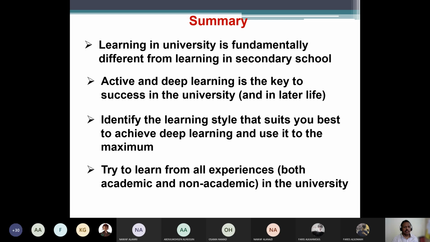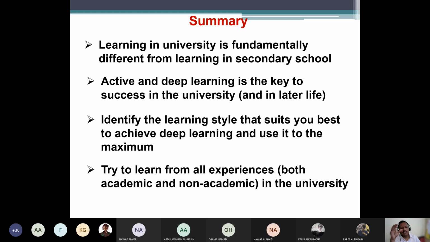So the summary is that learning is different in university and school. Active and deep learning is required in the university because it is required for lifelong. Identify your learning style, which type of learner you are, either visual, auditory, kinesthetic, reading and writing, or group learners.